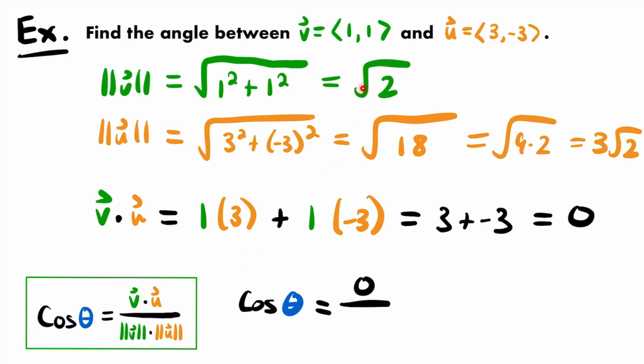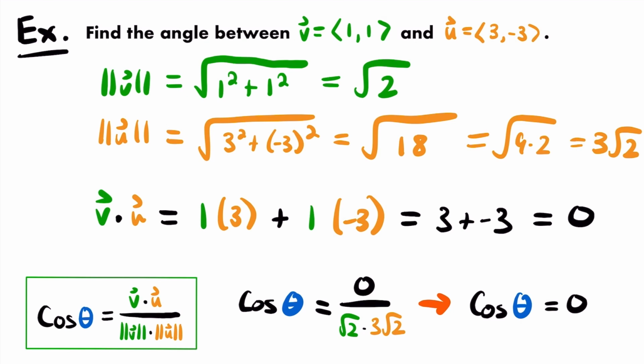So we have the square root of 2 and 3 square roots of 2. So I'll write that in. We have the square root of 2 times 3 square roots of 2. But that doesn't even matter because 0 divided by anything is just 0. So what we have here is that cosine of theta is equal to 0.